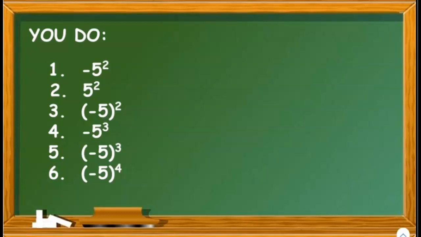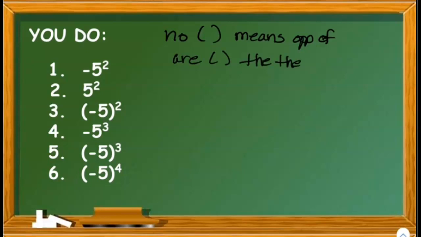Pay close attention. Is there parentheses or not? Remember, if there's no parentheses, let's write this down. If there's no parentheses, it means the opposite of whatever you're finding. Okay? If there are parentheses, then the sign, how do I want to say it, stays with the number.